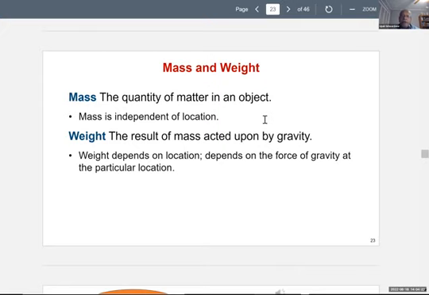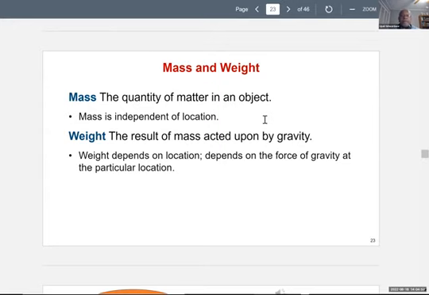You have to have a standard weight balance where you balance out standard weight to the weight you are measuring. So weight is measured by a spring balance. Spring balance is one that is pulled by the gravity. There's no comparison to another weight in there except the calibration.